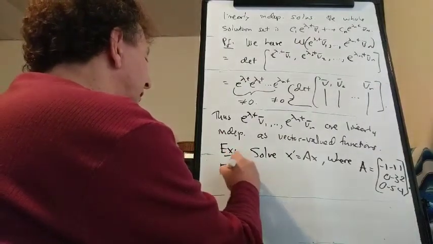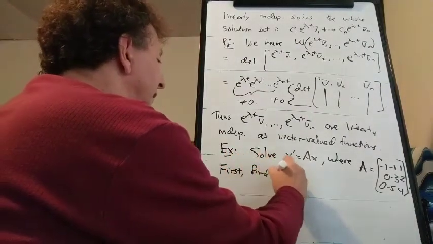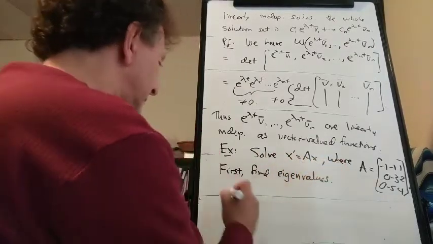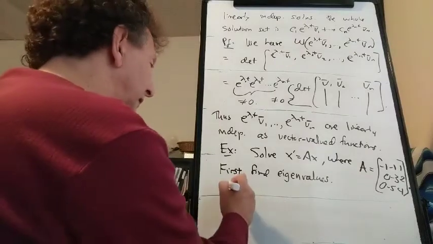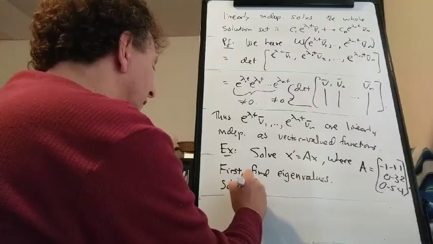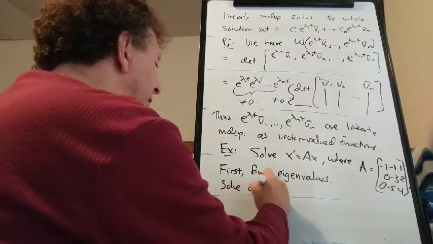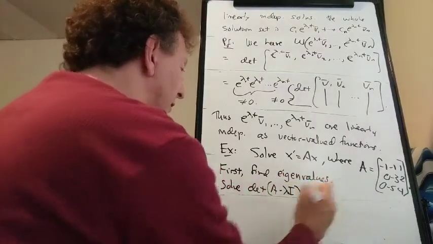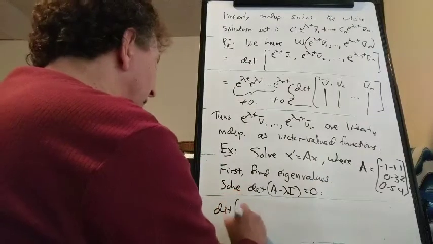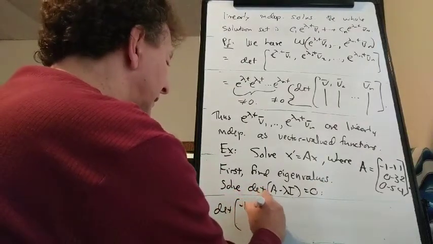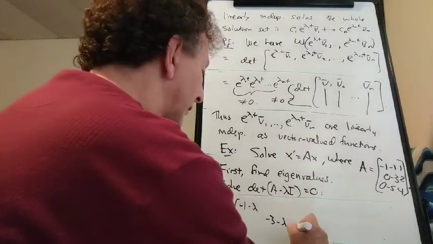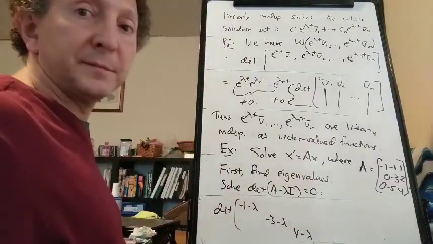So first, let's find the eigenvalues. We'll find the eigenvalues by solving determinant of A minus lambda I equals 0. So we have determinant of -1 minus lambda here, -3 minus lambda, and 4 minus lambda.